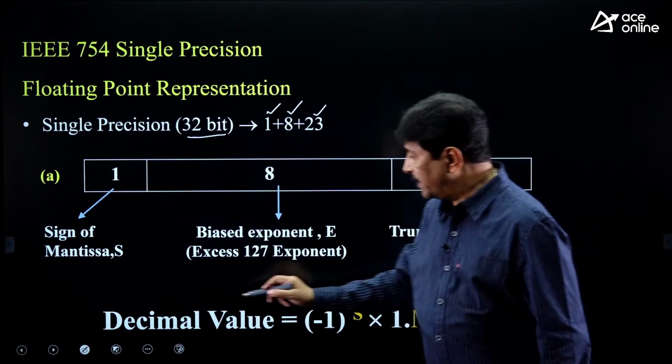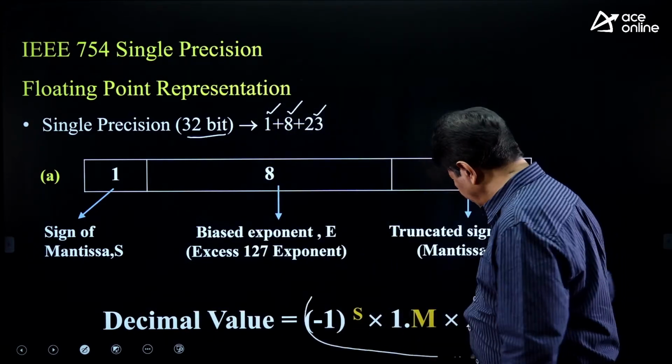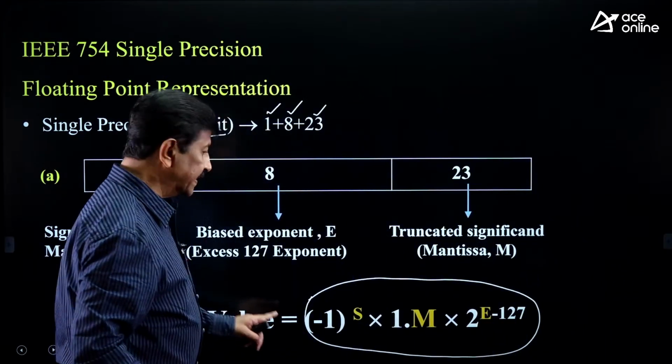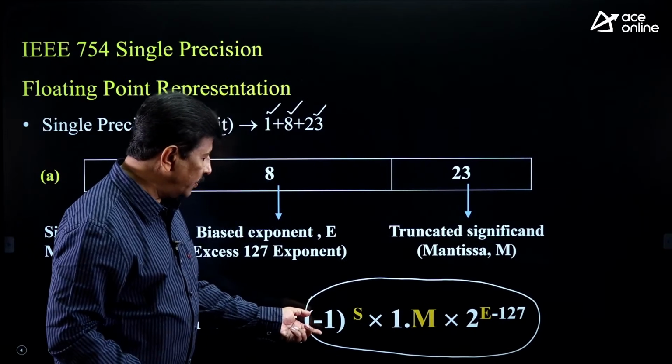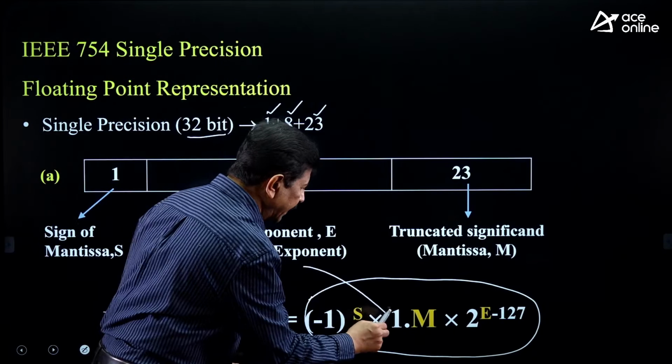The decimal value of any implicit normalized number is calculated using this formula. If a floating point number is already given, you use this formula to find its decimal value, where this term is called the hidden bit.